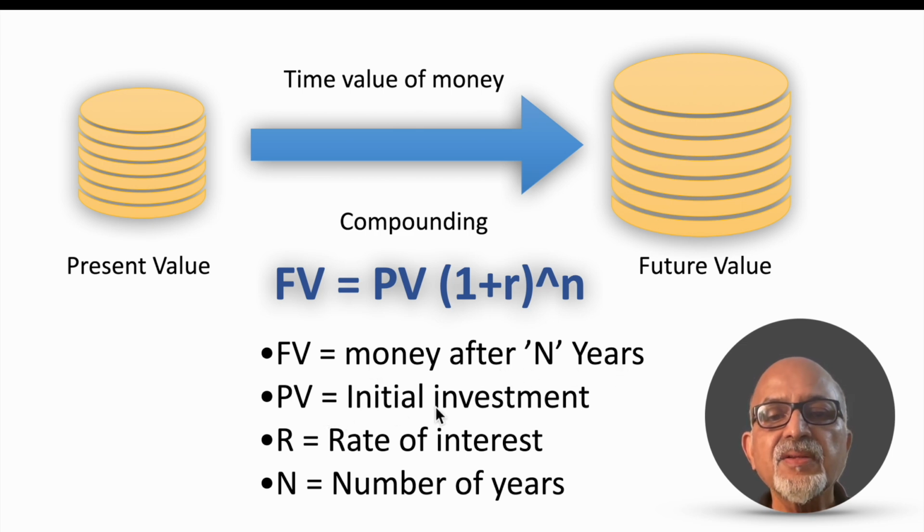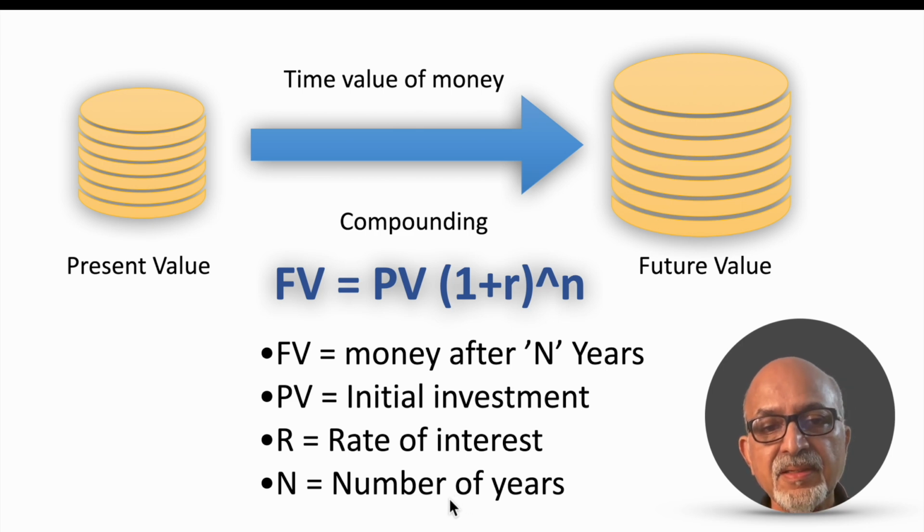Now, present value is the initial investment. I'm putting $1,000 into the bank. That is the initial investment. And r is the rate of interest the bank will provide to me. n is the tenure of the investment, or for how many years I'm going to put the money in the bank.